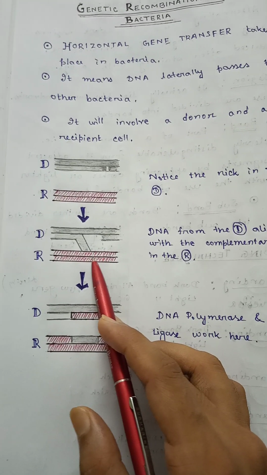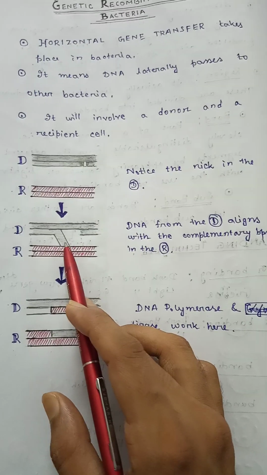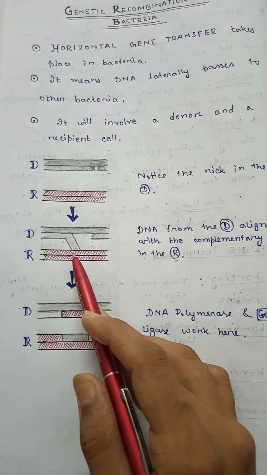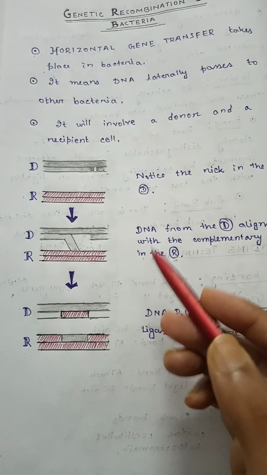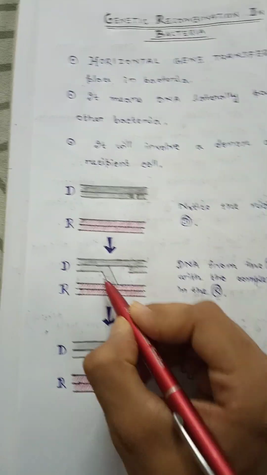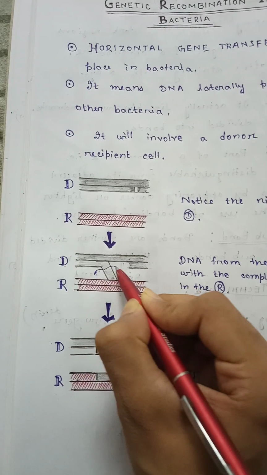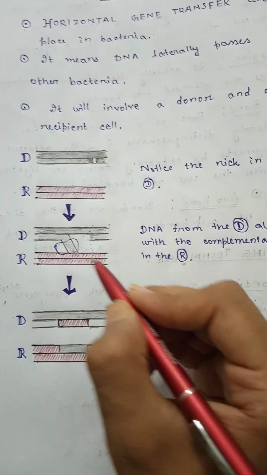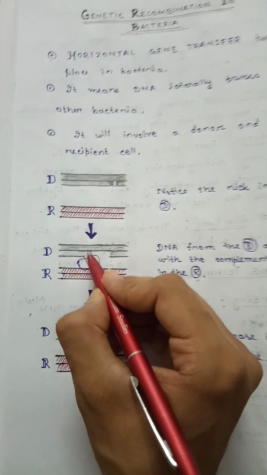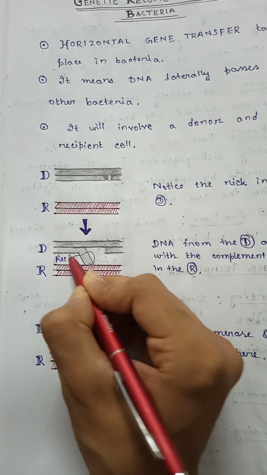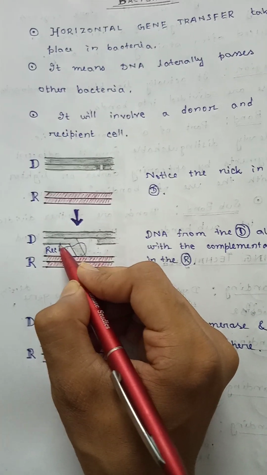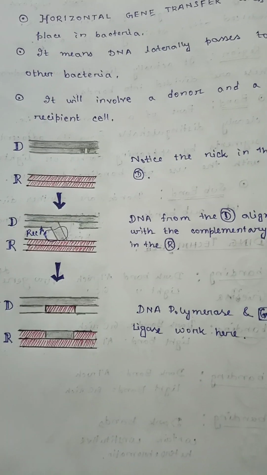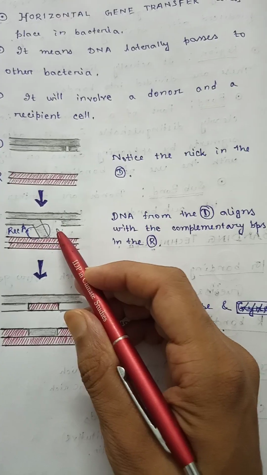Here the base pairs are complementary, that's why it can align with the recipient, right? Now this can involve thousands of base pairs, but remember, here one protein will be there that catalyzes the joining of the two strands. This protein is called recombinase A or RecA protein. So it will catalyze the joining of the two strands, right?